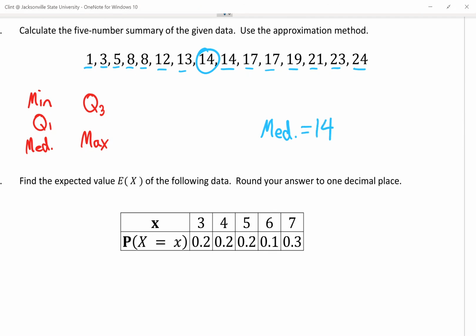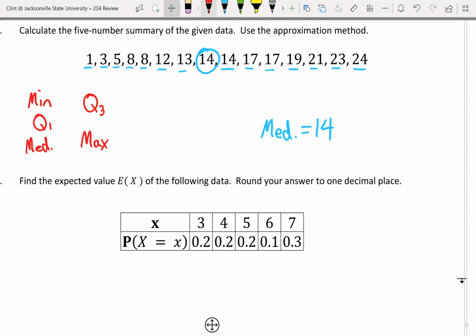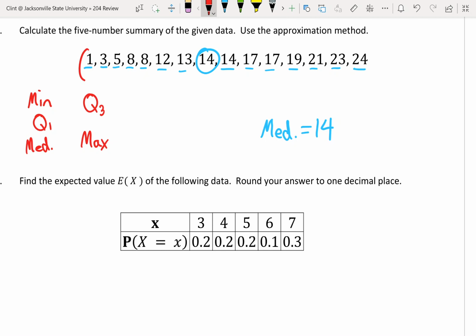Okay, so then we split it. Since we've already used 14, we leave it out. So find the median of the lower half. That's Q1, 8.